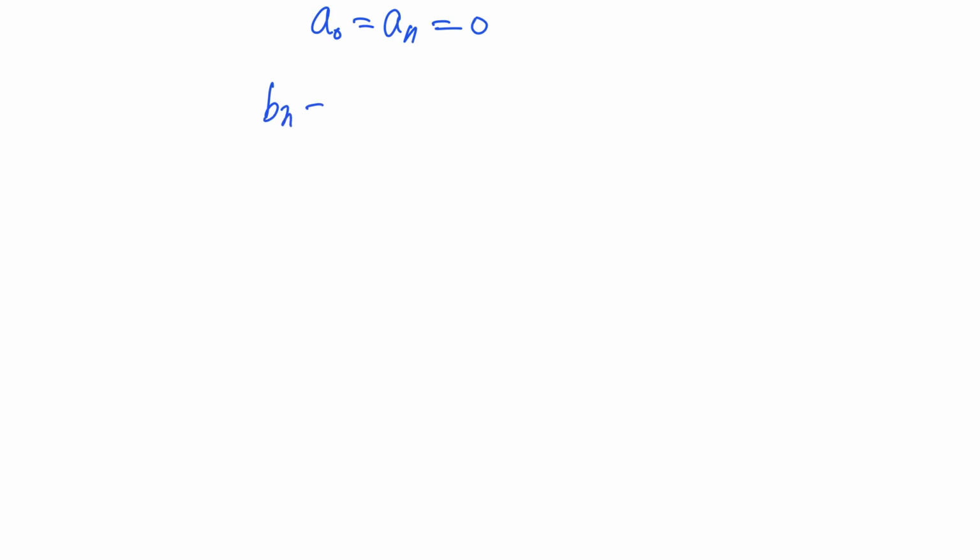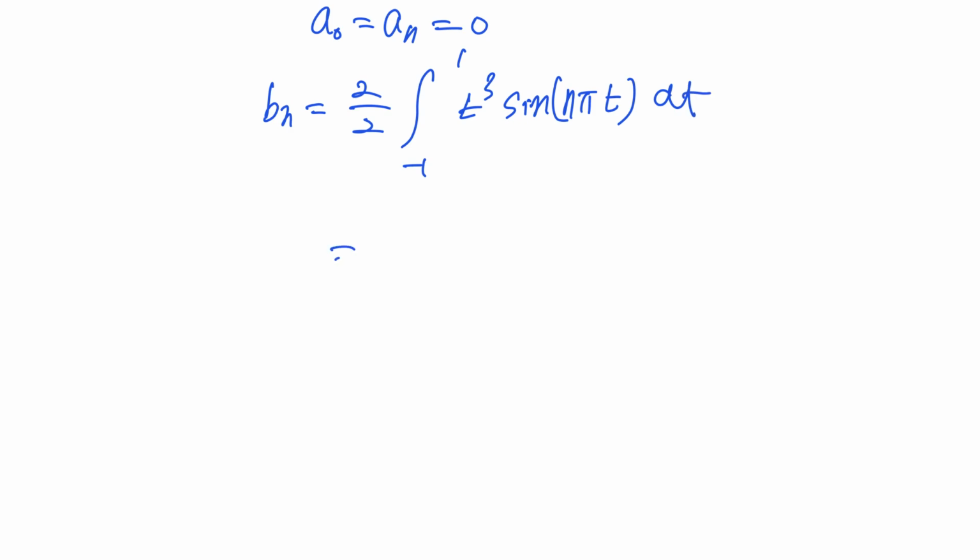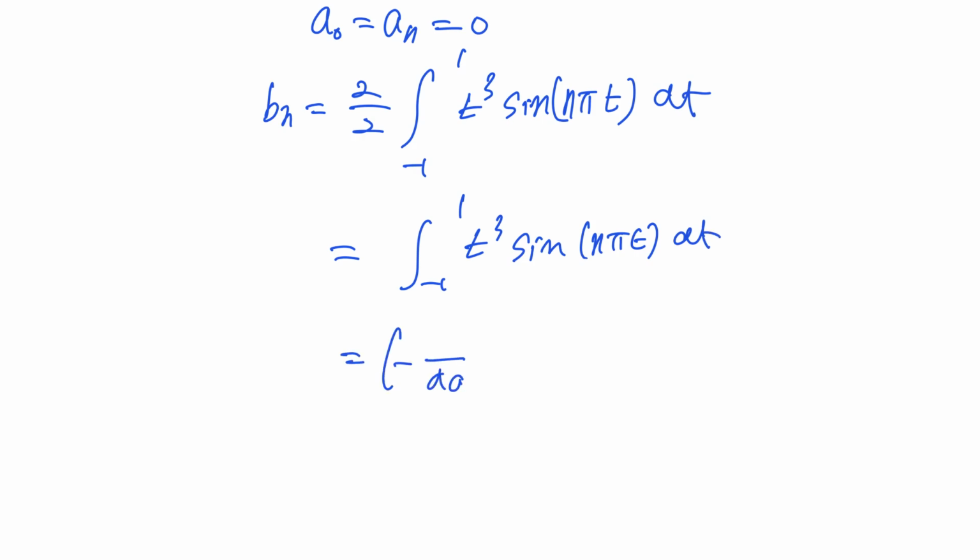Bn will be 2 over 2 times the integral from minus 1 to 1 of t to the cube sine n pi t dt, right? So you can do this by differentiating 3 times, and later set A equal to n pi.